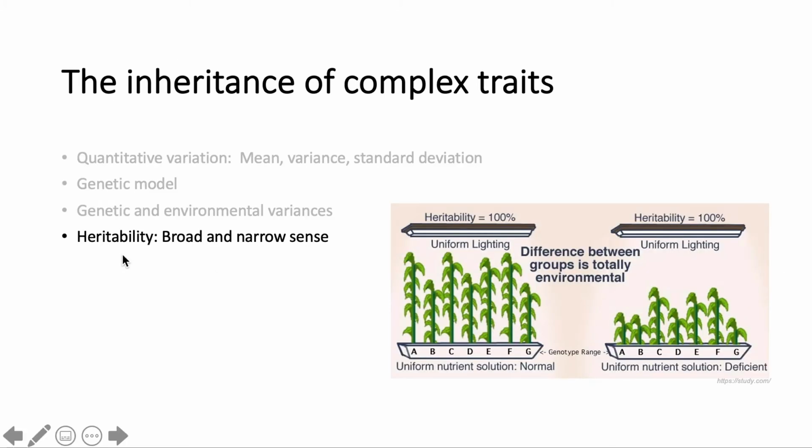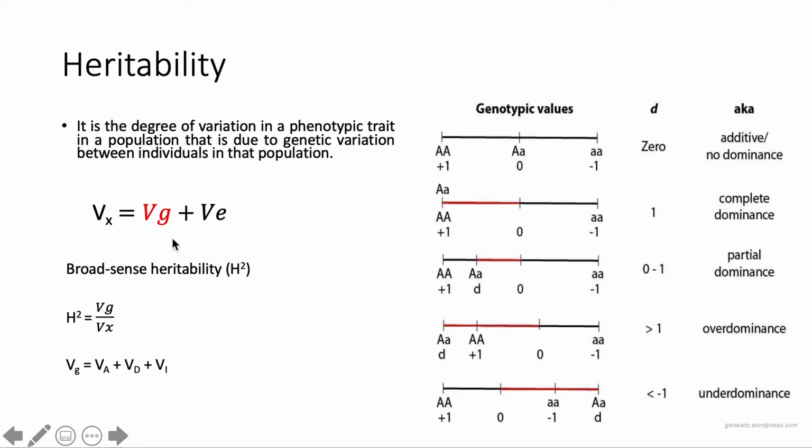We're going to talk about heritability, which is basically the proportion of the variation in the phenotype that can be explained by the genotype. There are two types of heritability, the broad and the narrow sense. Here again we have the formula that the phenotypic variance is equal to the genetic plus environment. We're going to focus our attention on the genetic variance.